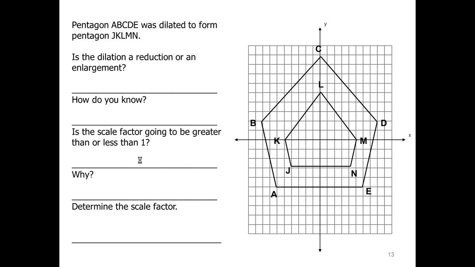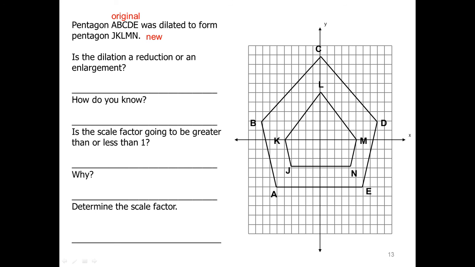So we have another one here. Pentagon ABCDE was dilated to form pentagon JKLMN. So ABCDE was changed, if you want to cross off the word dilated and put the word changed there, to form the new pentagon.